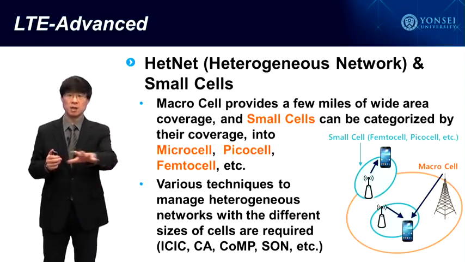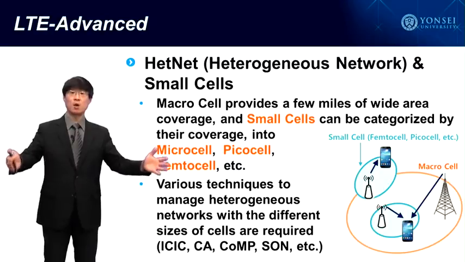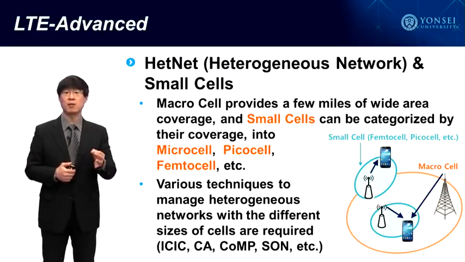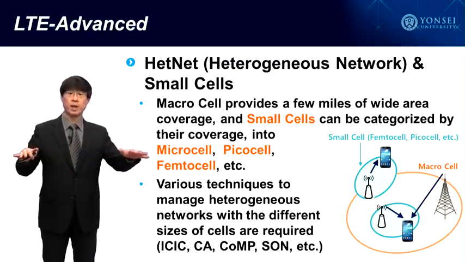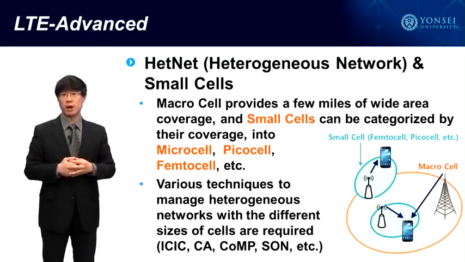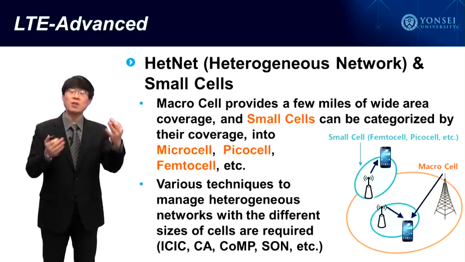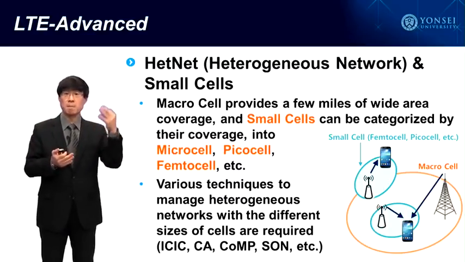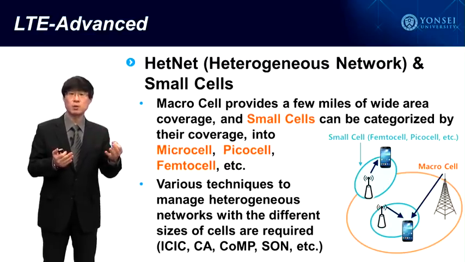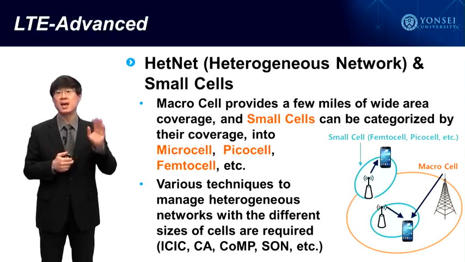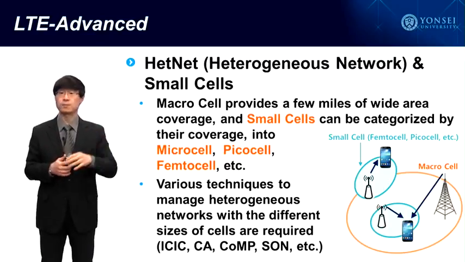Different size cells are all existing and overlapping in a service area to provide a more uniform, a more well-covered cellular area for the users. That's what we mean by providing networking capability using all these different types of cells, from the macrocell, microcell, picocell, to femtocell. That's what we mean by heterogeneous network, HETNet.